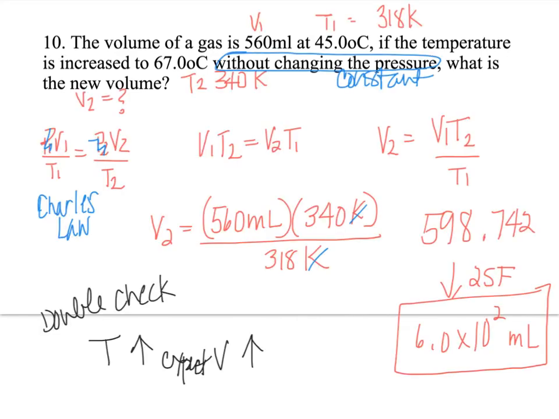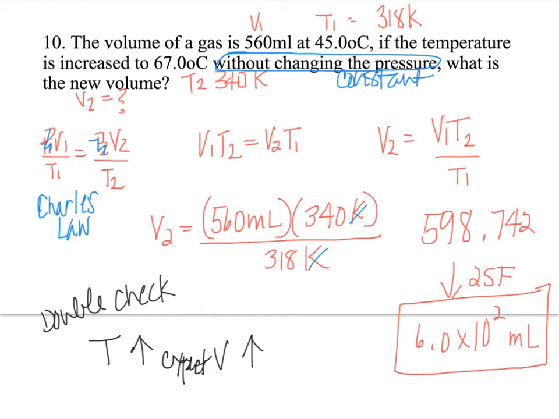All right, so we should have been using Charles's law in this one once we cancel out the pressures. And so we're going to be solving for volume 2. And so when I rearrange that equation for volume 2, I'm left with this, V1 T2 over T1. And so after I've converted my Kelvin temperatures, I plug those in, and I get an answer on the calculator of 598.742.